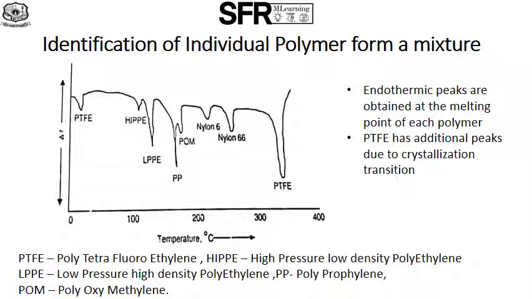The first peak in the graph is due to PTFE and the second endothermic peak is due to HPLDPE, that is high pressure low density polyethylene, and the third endothermic peak is due to LPHDPE, low pressure high density polyethylene. PP denotes polypropylene, POM denotes polyoxymethylene.